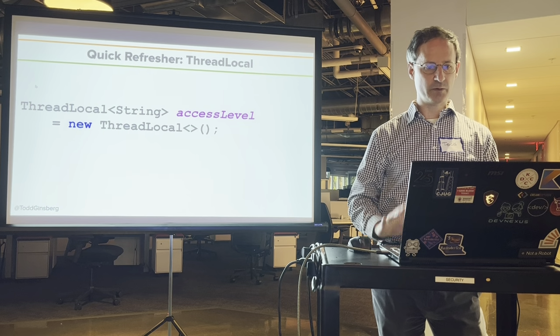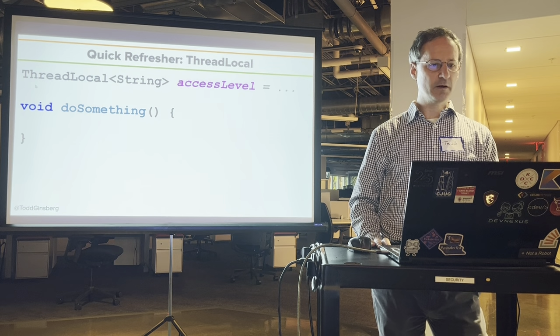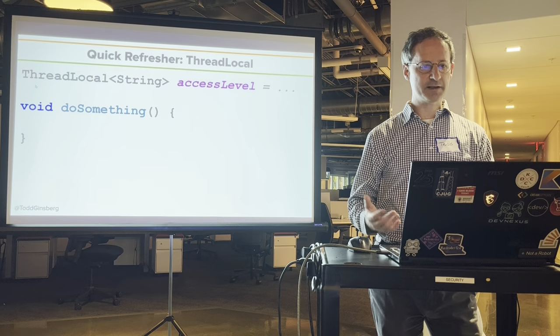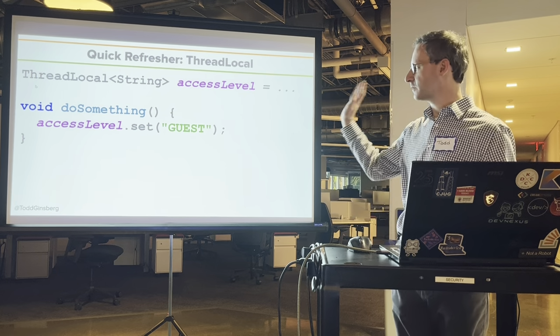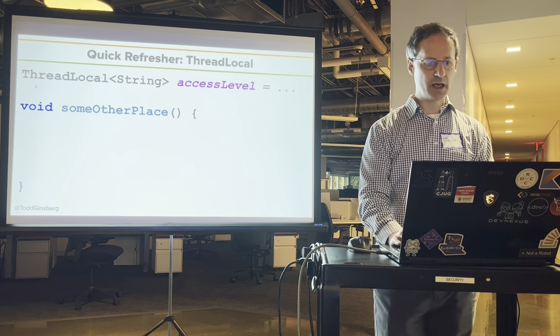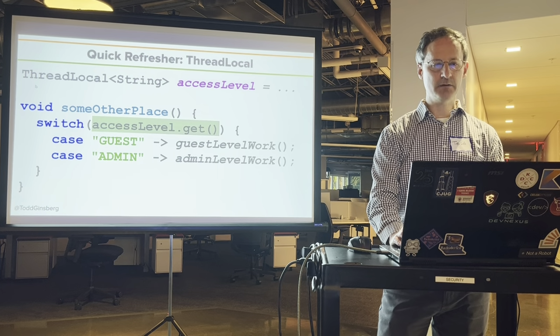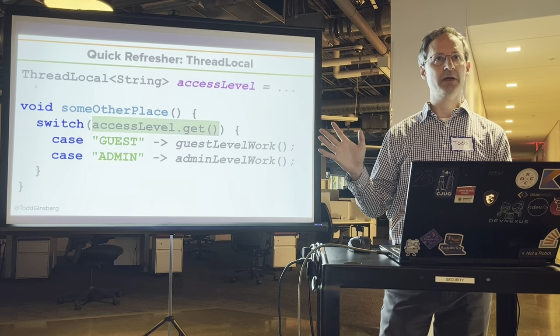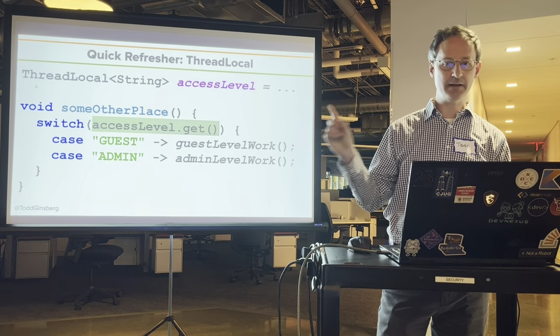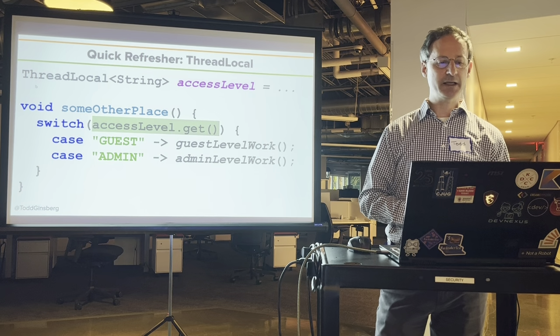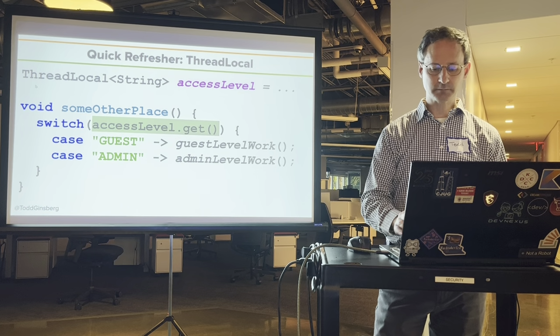Basically, this is how thread per request works. So when we use the access level, we set its value. In this case, we're setting the access level to guest, and we get the value somewhere else. Okay, as long as it's that same thread accessing it, and I can see the access level thread local, I can access that. That's not a problem.